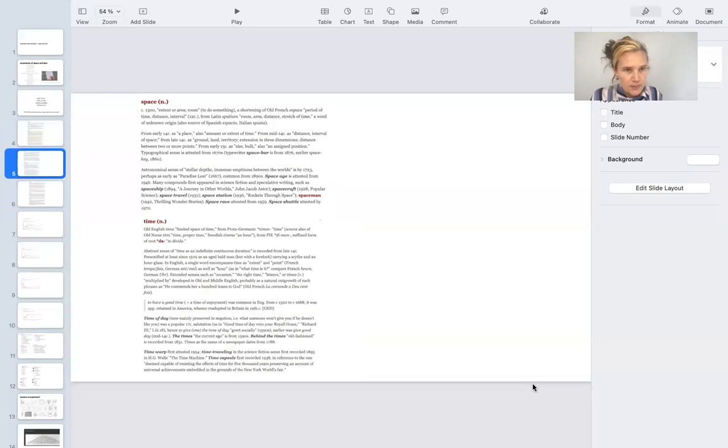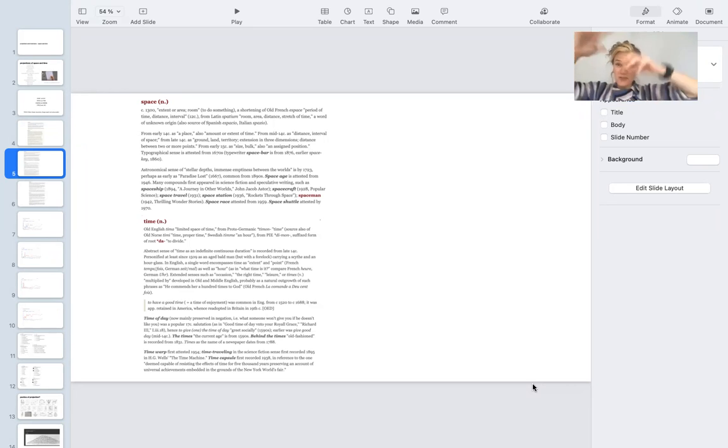Then you can do the same with space and time. You can see that space is to do with area. And then if you look at this second paragraph, space from the mid-14th century as distance, interval of space. So that also calls to mind time, and also place, also amount or extent of time.